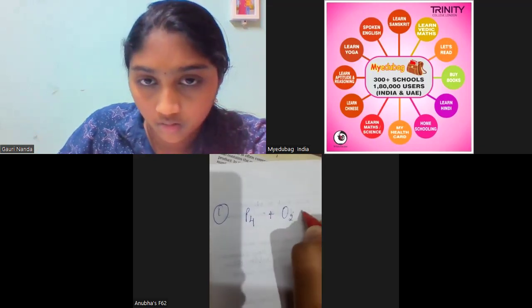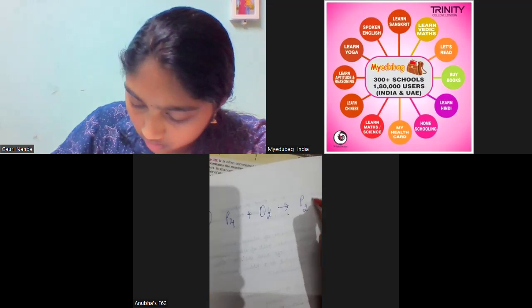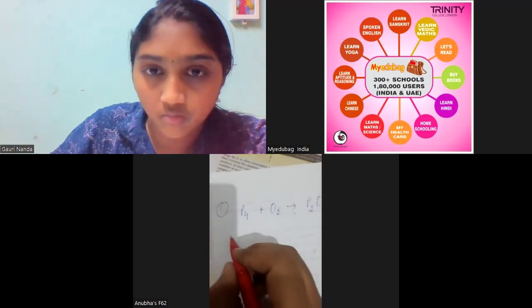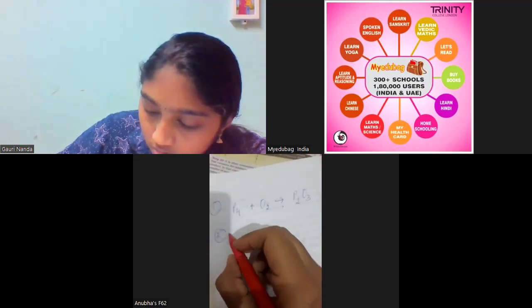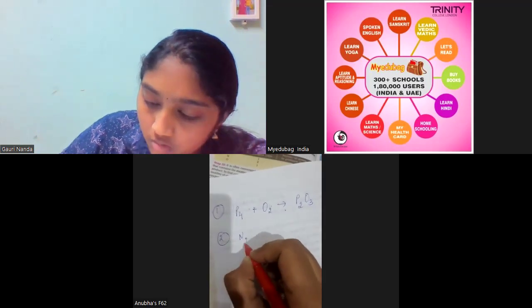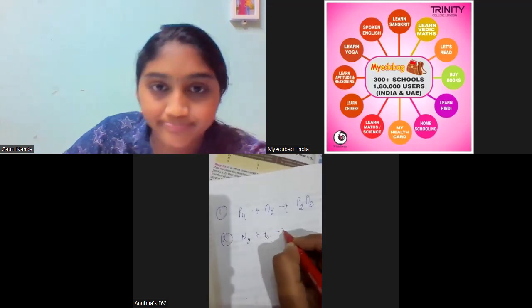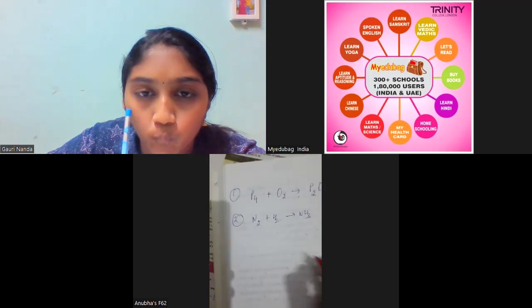The first question is P4 plus O2 gives P2O3. Then you have N2 plus H2 gives NH3.